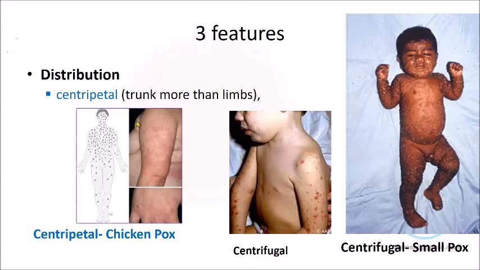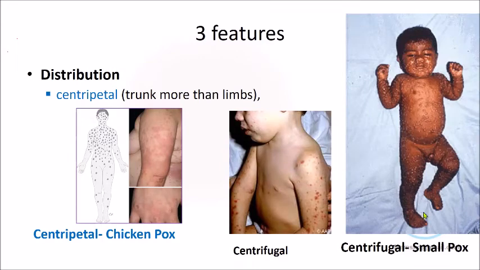Just look at the picture, otherwise you cannot remember, like me. So more lesions in the central trunk and fewer lesions in the periphery. You see, more there and less here. It is centripetal and centrifugal. So in the central part having less lesion than the peripheral lesion. Just to differentiate, we have shown.